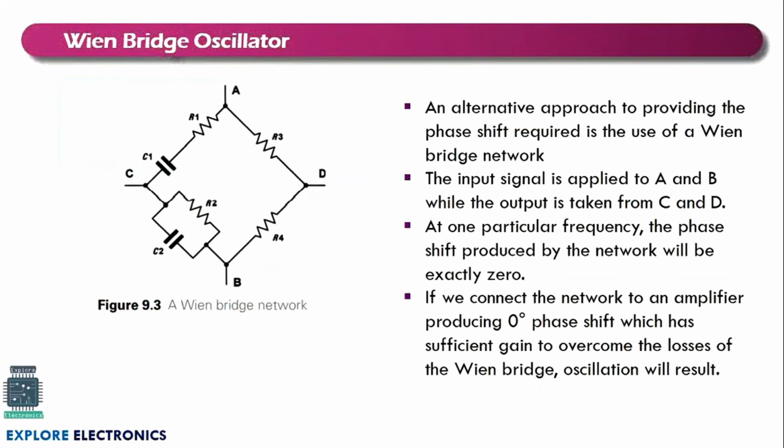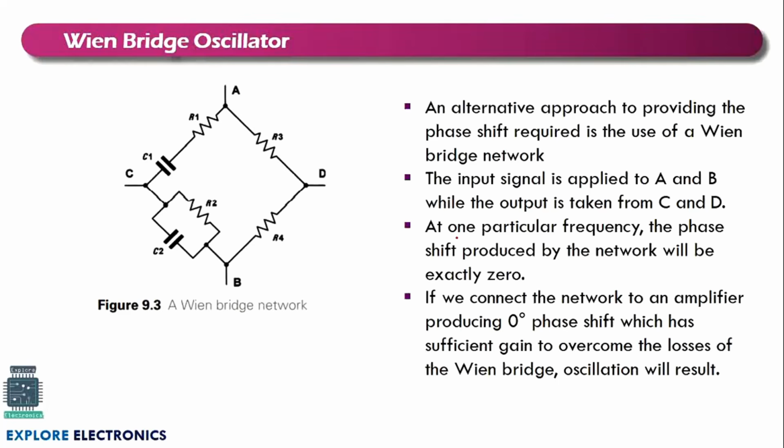The other kind of oscillator is the Wien bridge oscillator. In the Wien bridge oscillator, you can see the figure here. The RC network is connected in a bridge fashion. Here we are going to apply the input signal to terminals A and B, and output is taken from C and D. In the previous oscillator we have seen the frequency expression, that is the resonant frequency of the oscillator, meaning the oscillator is going to provide the oscillations with that particular frequency.